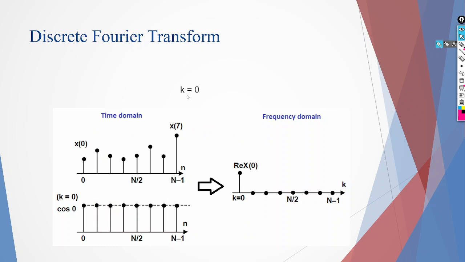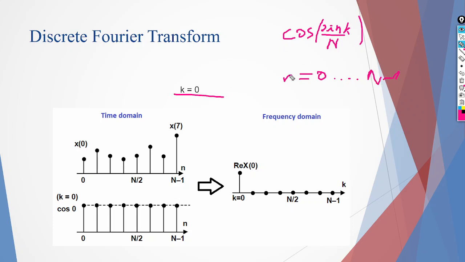For example, if we speak about the component with number k equals 0, then you need to calculate the cosine of 2πk versus n, where n is changing in range from 0 to N minus 1, and k is 0.